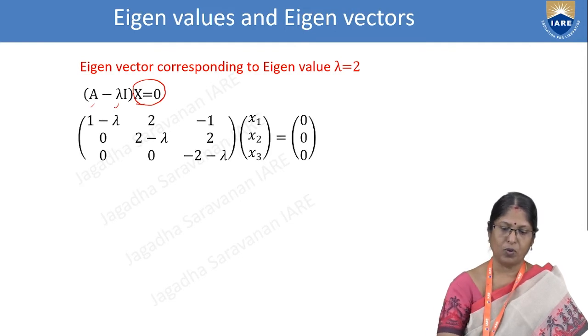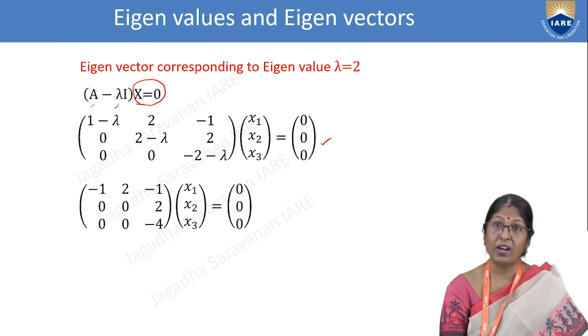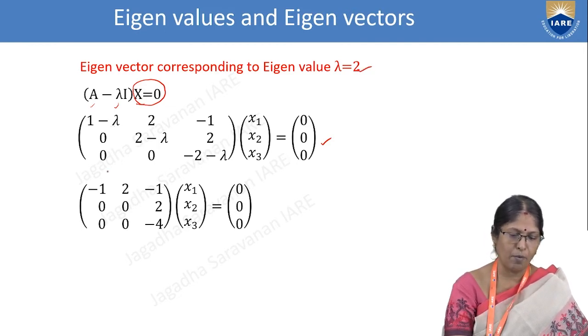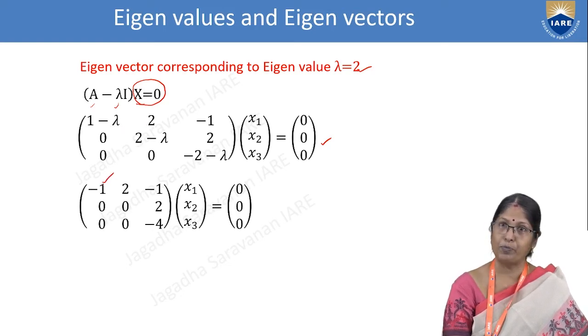Now, this already we found. Wherever lambda is there, we are going to substitute 2. So you can see 1 minus lambda, lambda plus 2, it is substituted. So 1 minus 2 is minus 1. 2 minus 2, yes, it has become 0.